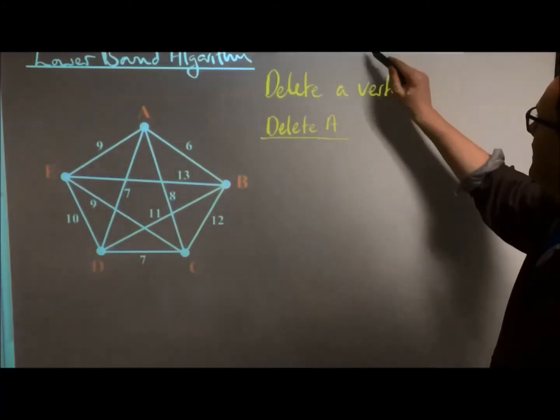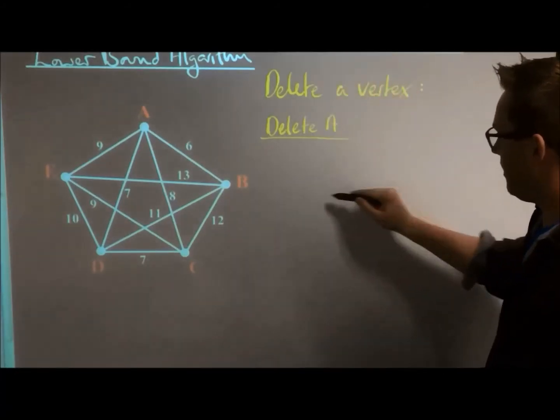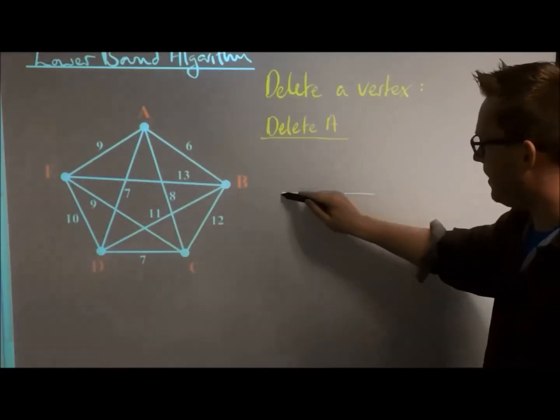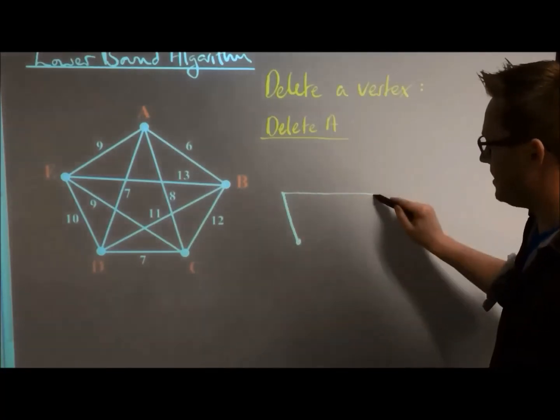So let me show you what I mean. So if I got rid of A, then there would be nothing to connect to A.